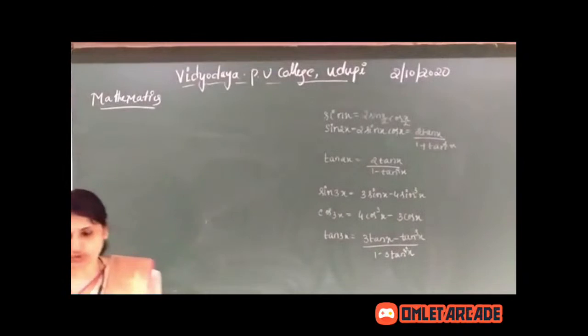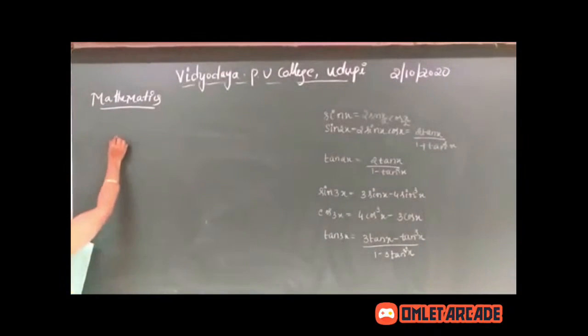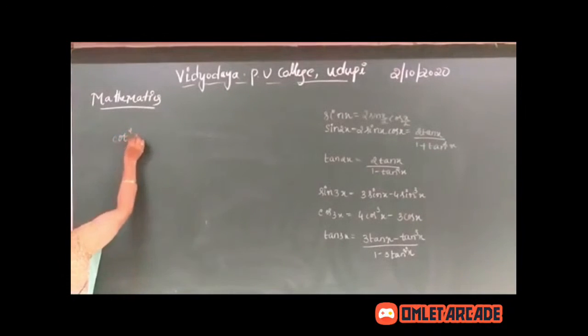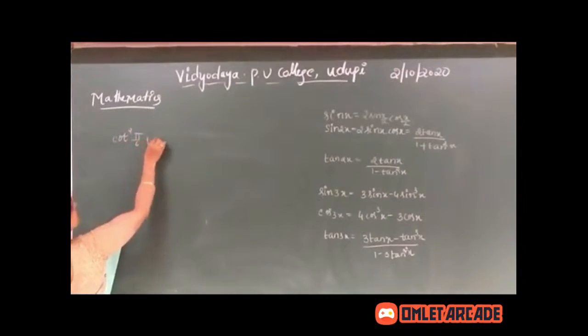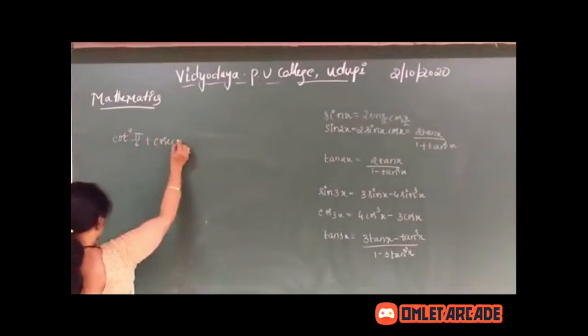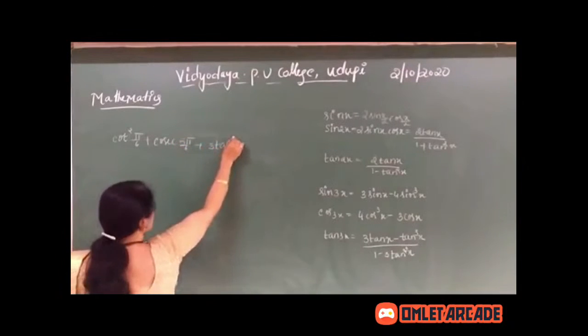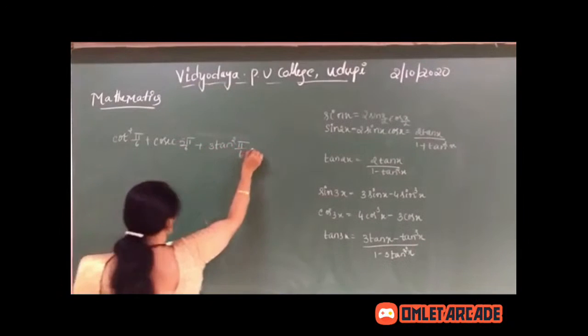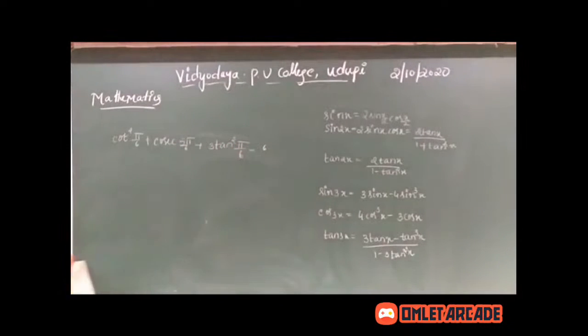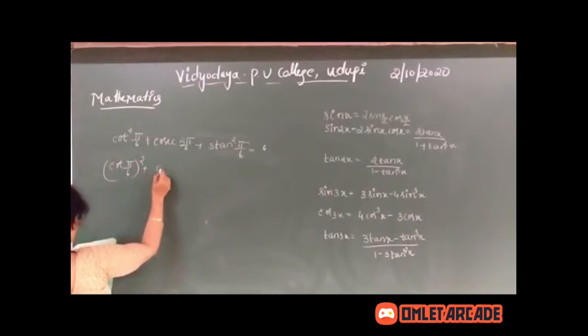I think I gave a homework. It was cot square pi by 6 plus cosecant 5 pi by 6 plus 3 tan pi by 6 whole square, which is cot pi by 6 whole square plus cosecant.